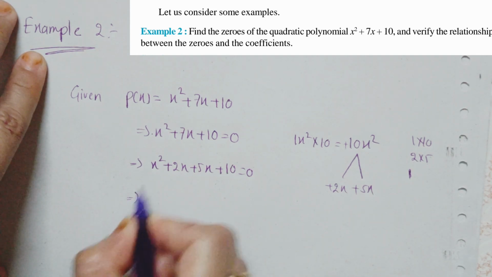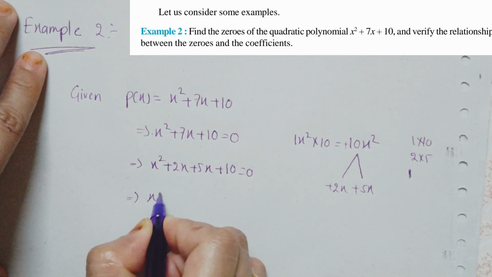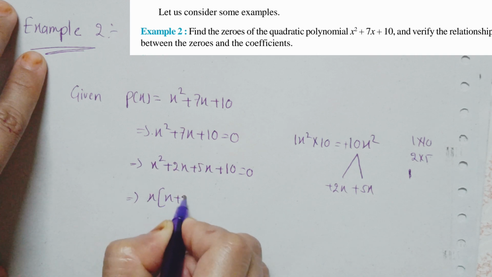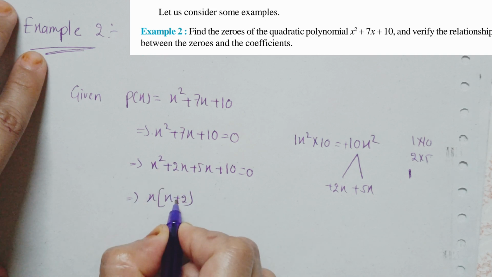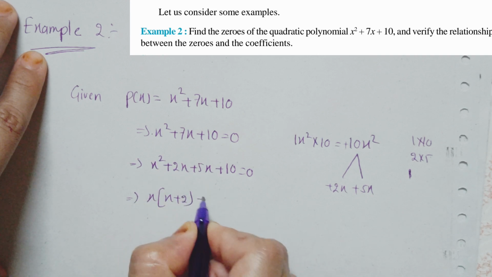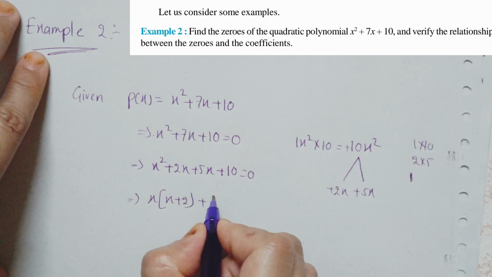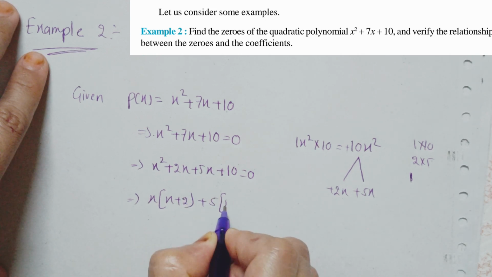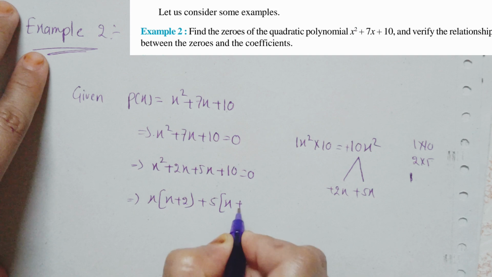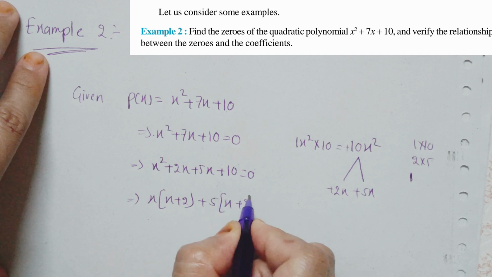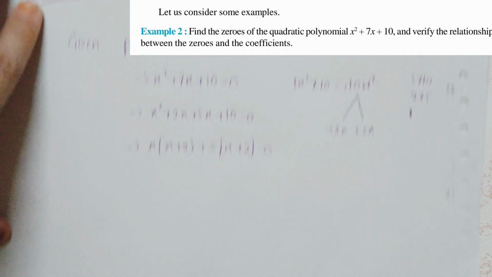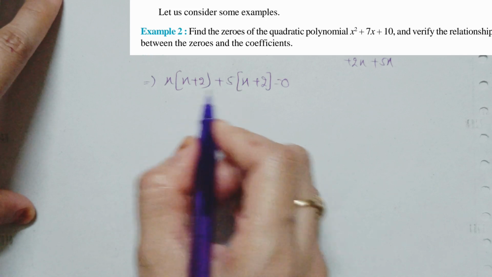Here I am taking x as common: x of x plus 2. x into x, x square, plus x into 2, 2x. Here I am taking 5 as common: 5 into x, 5x, plus 5 into 2, 10, equal to 0. Here also the common term is x plus 2.